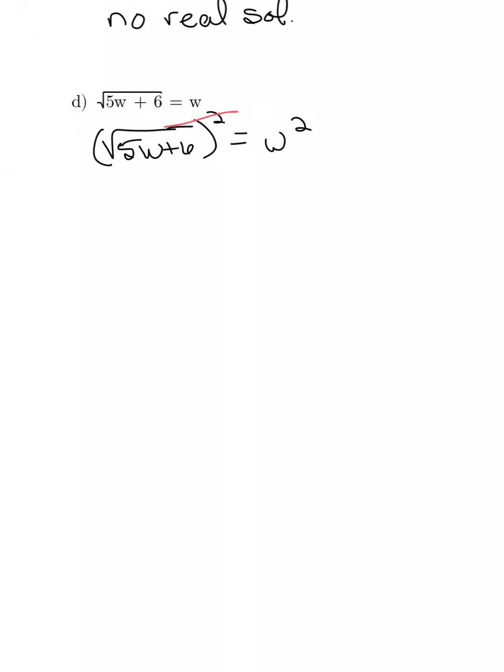And you are now left with just the radicand, 5w plus 6, equals w squared. What you have to recognize on a problem like this one is that now you have a quadratic, so you have to set it equal to 0 and solve it. We're going to subtract 5w and subtract 6 on both sides.